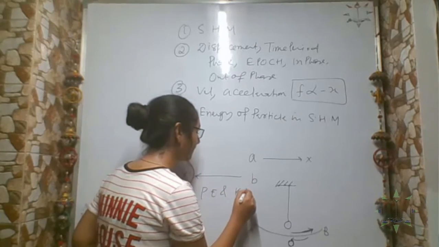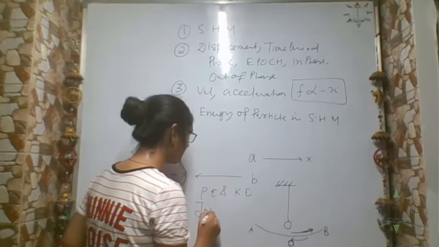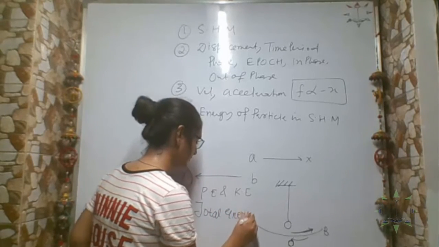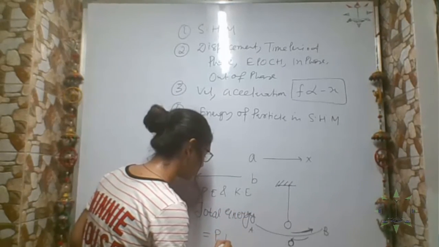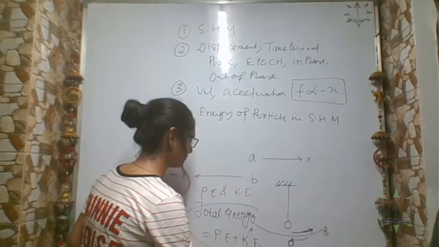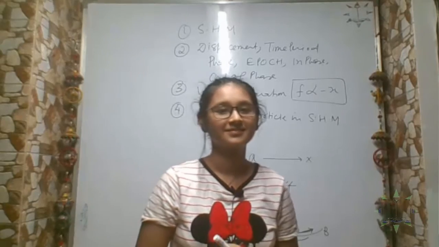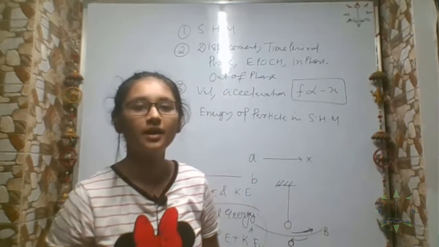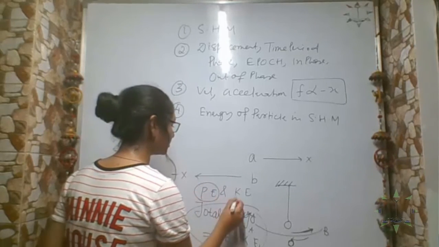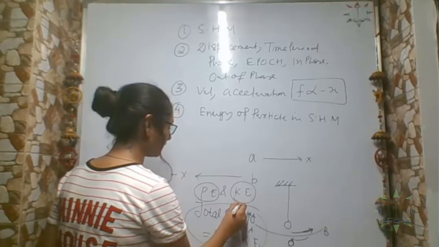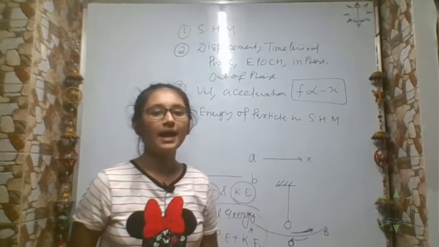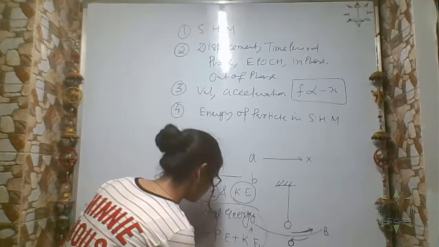By adding them, we will find the total energy, which will be potential energy plus kinetic energy. So by calculating the potential energy of the body and the kinetic energy of the body, we will find the total energy by adding them both.